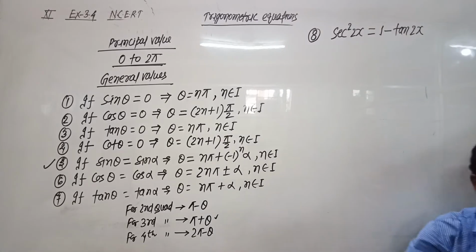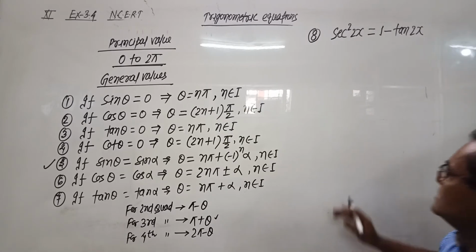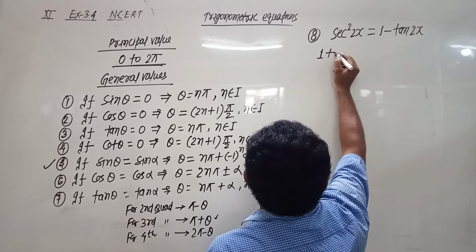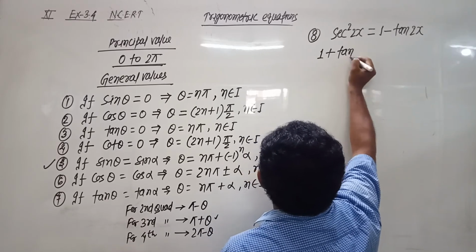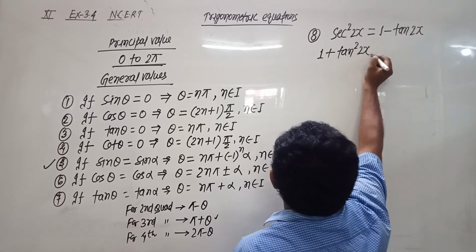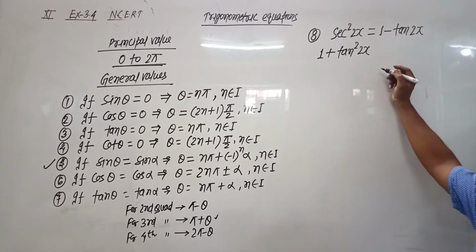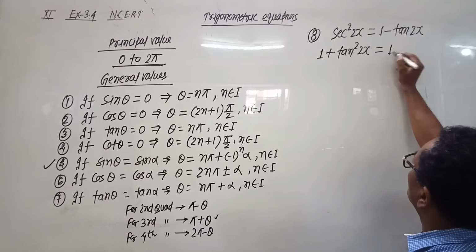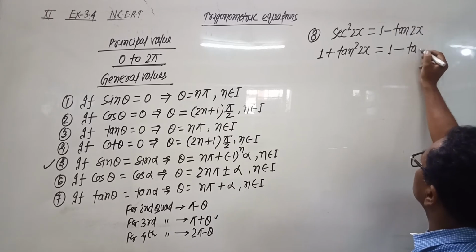So we expand sec square 2x. We write the formula for sec square theta. Sec square theta is equals to 1 plus tan square theta. So sec square 2x is written as 1 plus tan square 2x equals to 1 minus tan 2x.